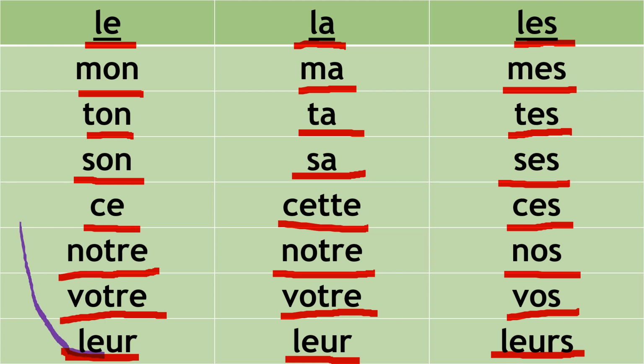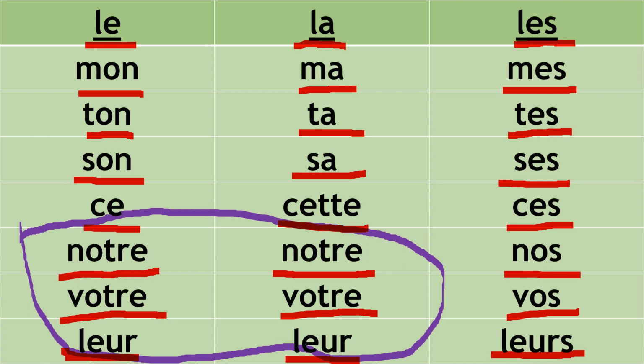Now, these adjectives here that I'm highlighting in purple are the same for a direct object that is masculine singular and feminine singular. Just seeing the adjectives by themselves, you might not be able to tell if the direct object is masculine or feminine.